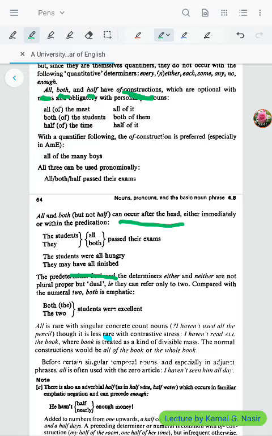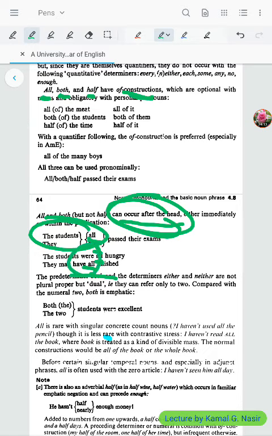You see, here all and both come after the head, in these examples.